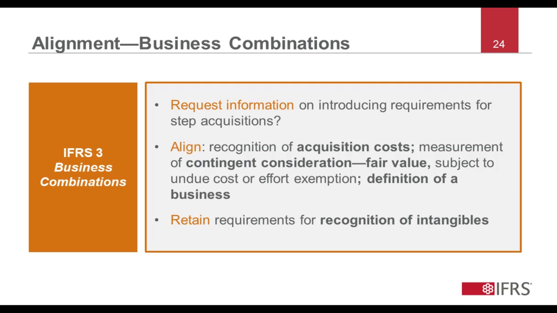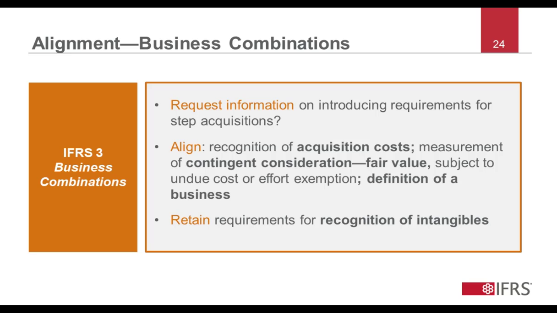Then when we looked at the changes and improvements that were made to the requirements for the accounting for business combinations, we thought on the cost side, the acquisition cost and the measurement of contingent consideration were both relevant, and we could introduce them without there being too much cost.